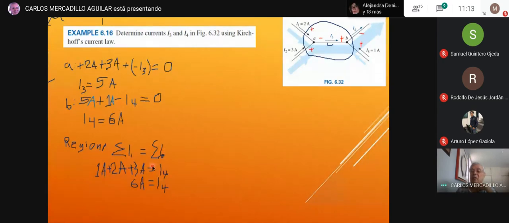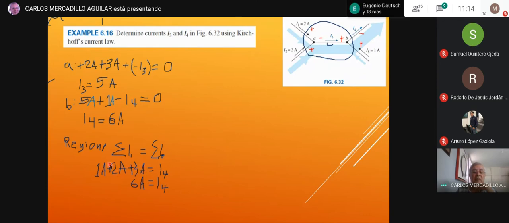So we can start from this point, and we have plus 1 ampere here, plus 3 amperes here, and plus 2 amperes.